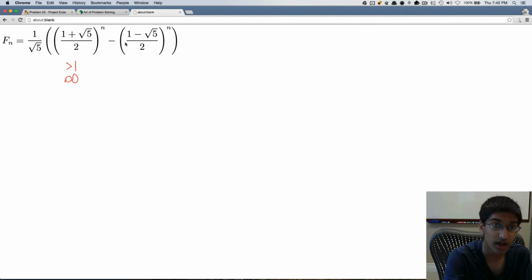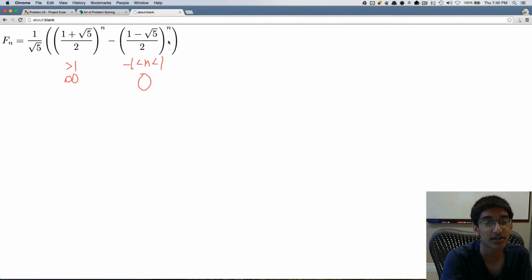But with this term, on the other hand, 1 minus square root of 5 over 2, this is between negative 1 and 1. And taking a base between negative 1 and 1 and raising it to a large power will bring it closer and closer to 0. We can say the limit of this as n tends to infinity is 0.